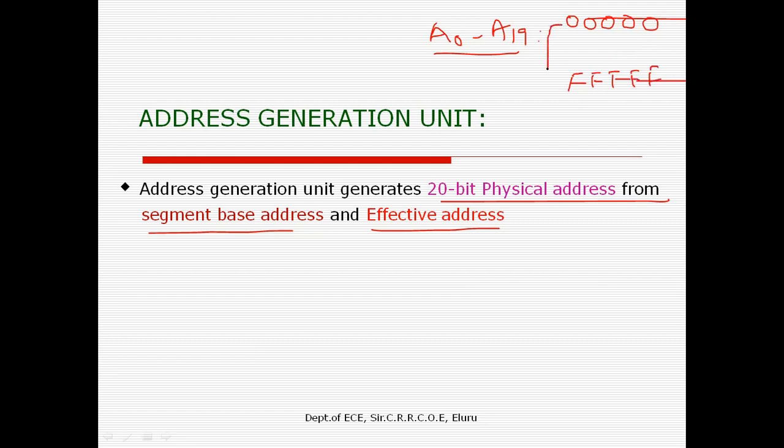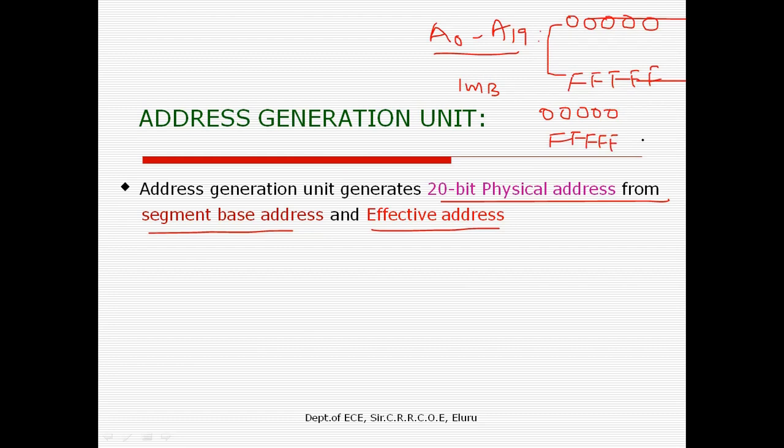So this is the range of the microprocessor. We have 1 MB of memory space, which can range from 5 zeros to 5 Fs. The minimum address location is 5 zeros. The maximum address location is 5 Fs.